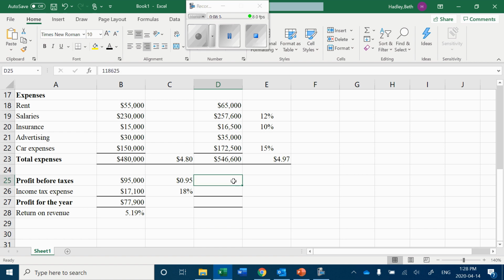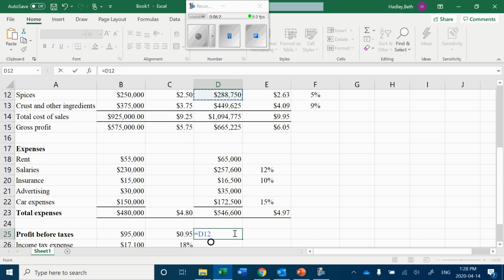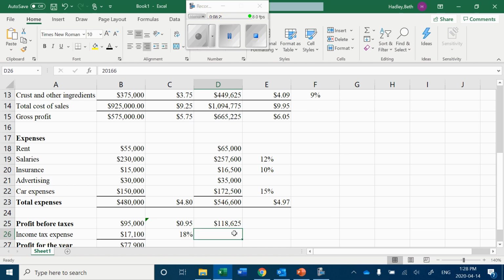Okay, so then our profit, and the way we got that is equals, we need to take our gross profit and minus off our fixed costs to give us the 118,625.